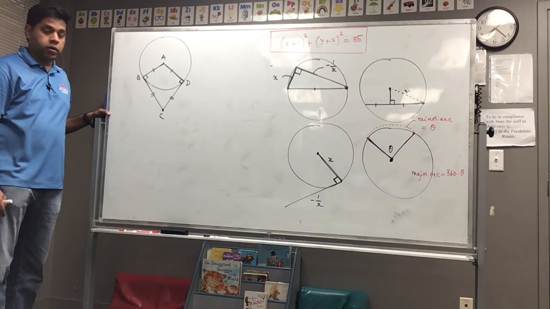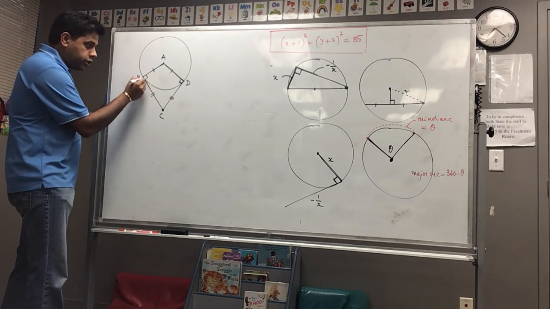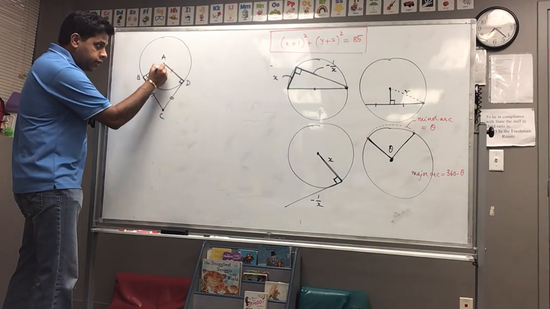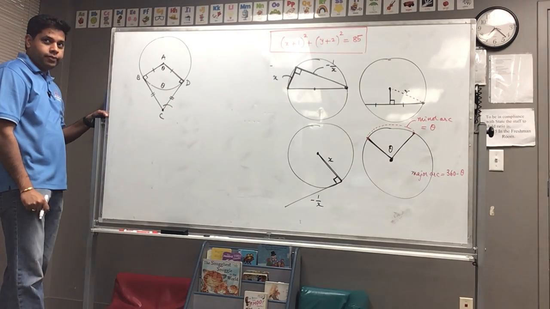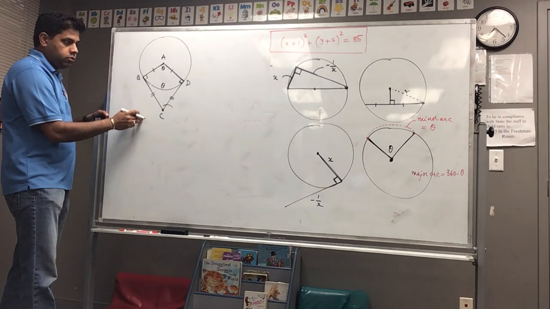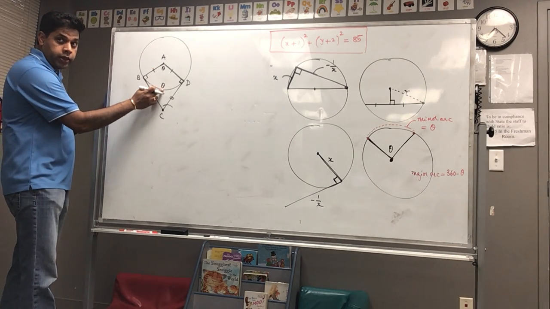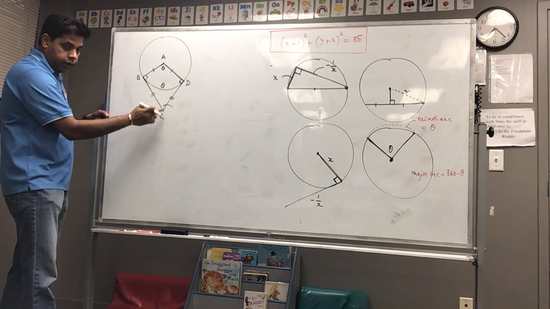Sounds good? But this is 90 degrees and 90 degrees, right? This is my minor arc of theta degrees. If this is theta, this will also be theta, because of the minor arc. If this is theta, what should be this angle?